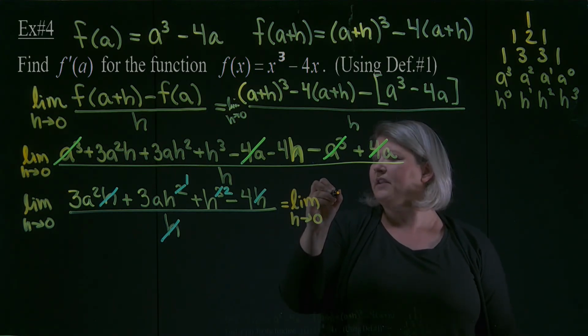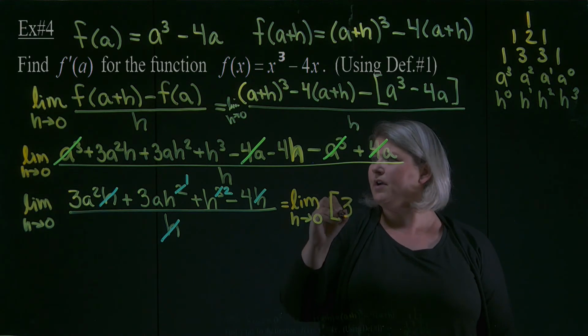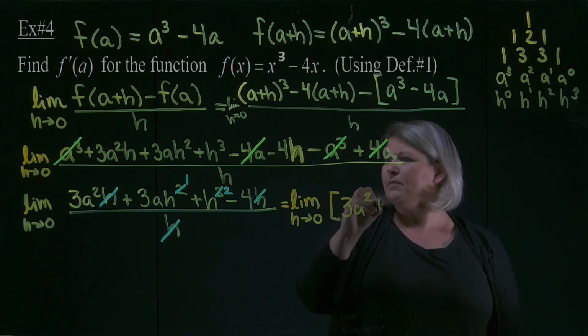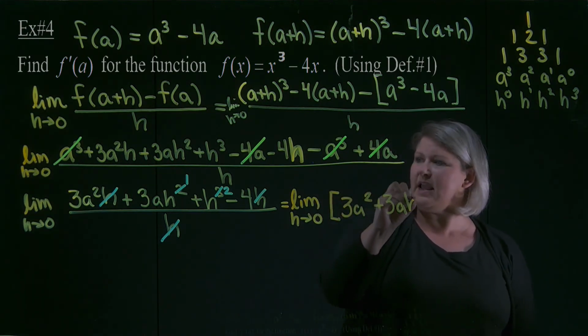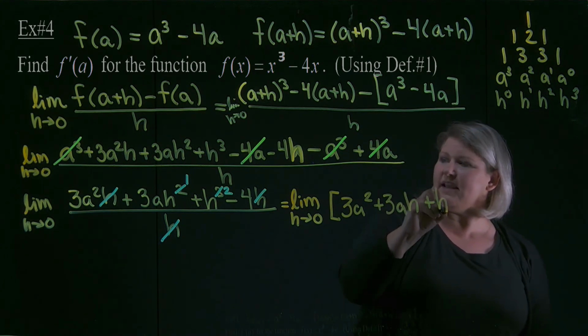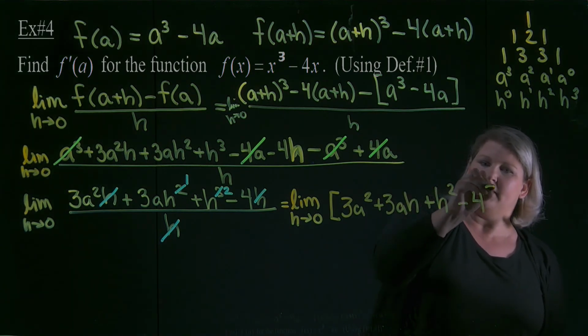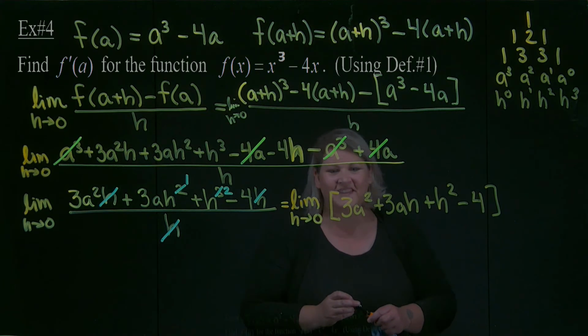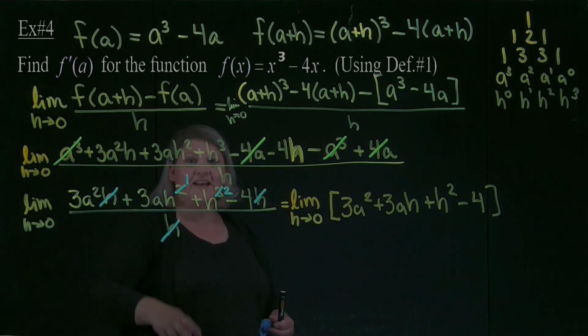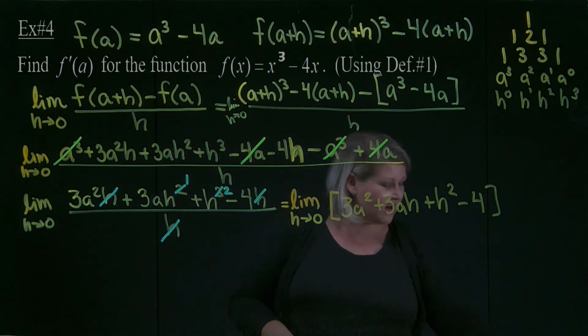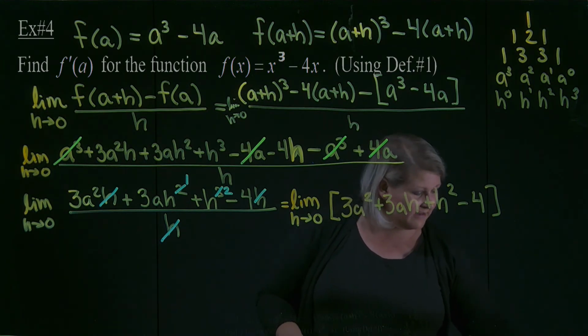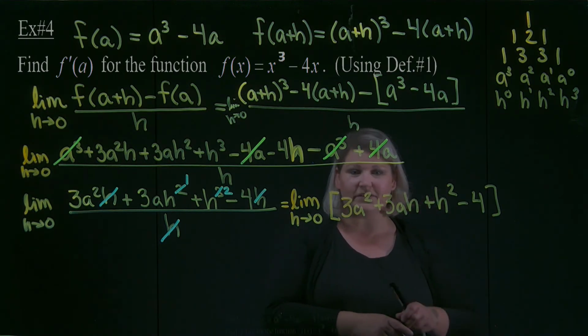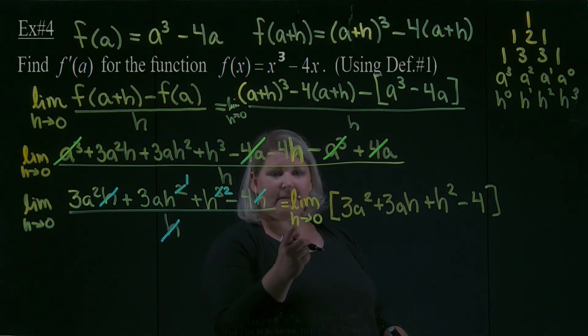So then I have the limit as h approaches 0 of 3a squared plus 3ah plus h squared minus 4. And now that I've canceled that pesky h in the denominator, I can go ahead and plug in my h equals 0. And when I do, notice what happens.